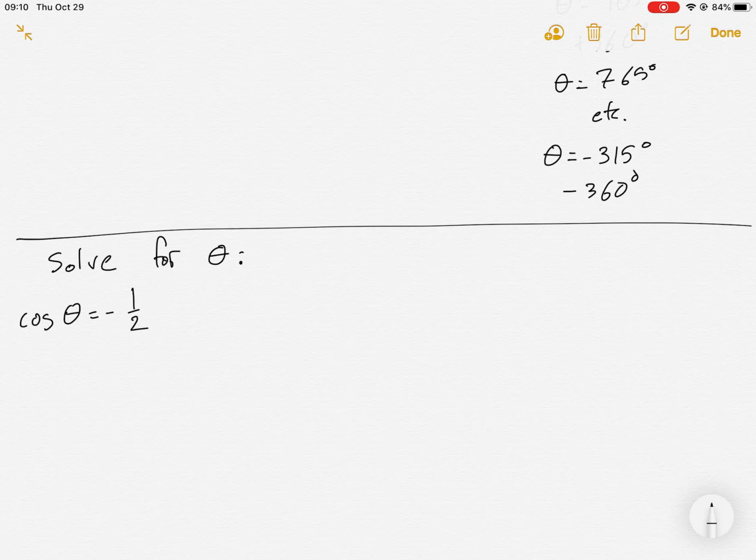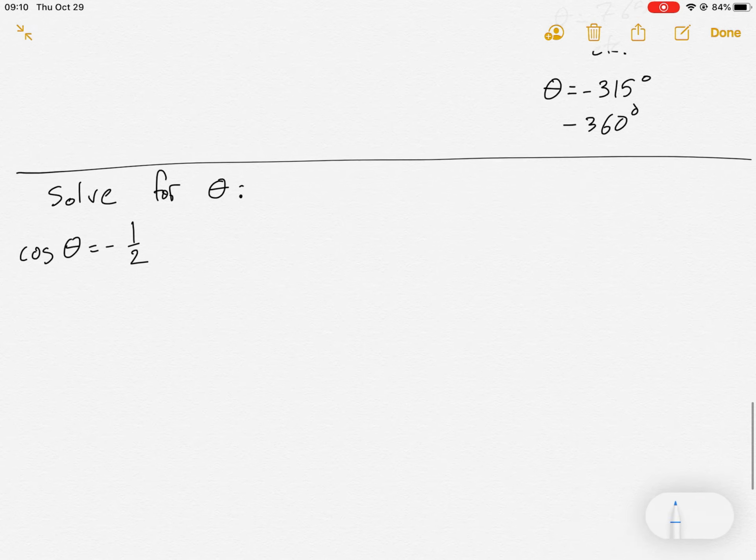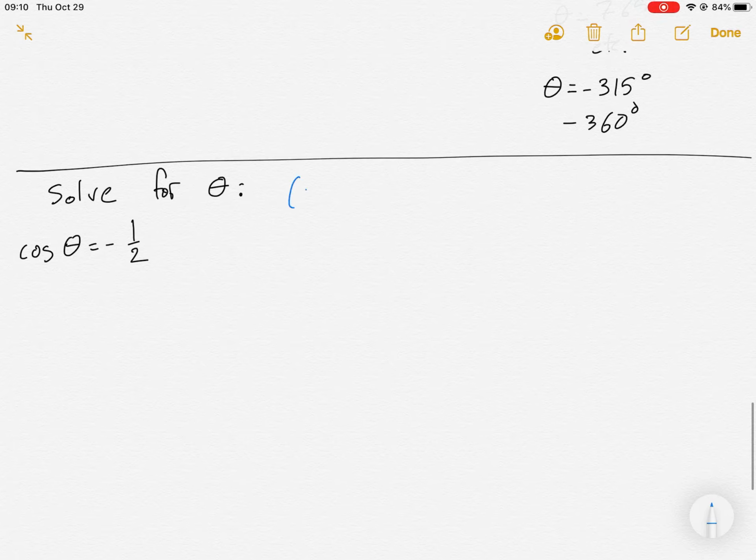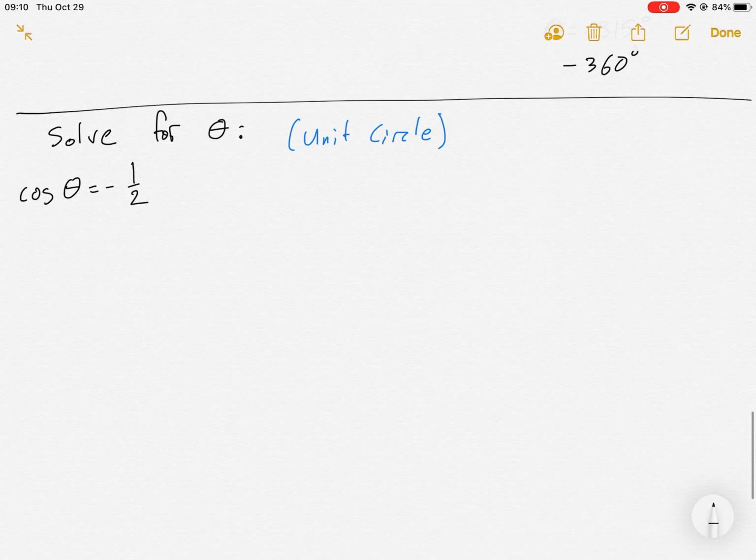Now this is another one. We're still on unit circle, so you don't have to worry about inverse trig yet. We will come back to that. But this is still a unit circle problem. So you take a look at your unit circle, figure out where x was negative 1/2. It should be over here.